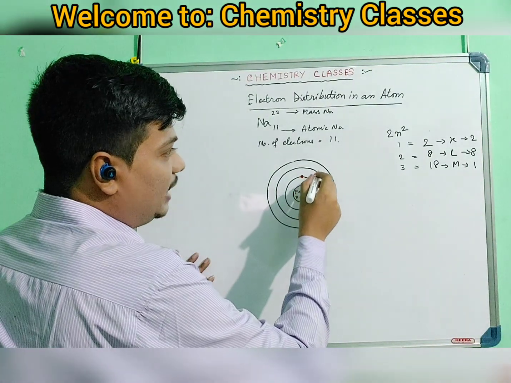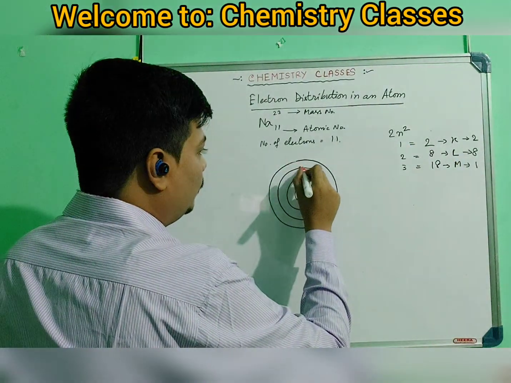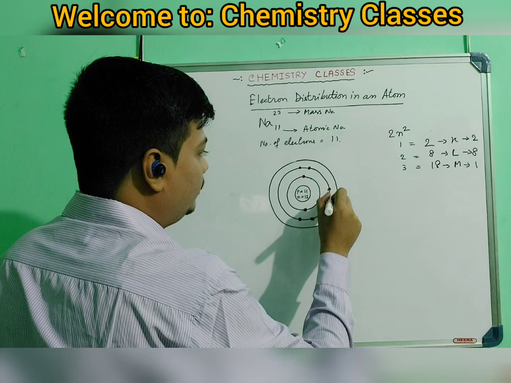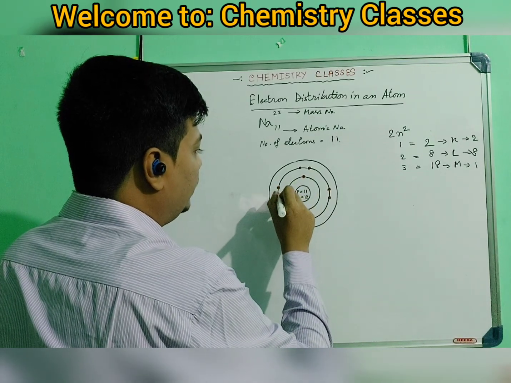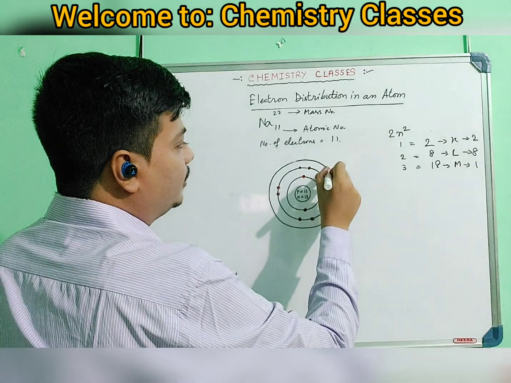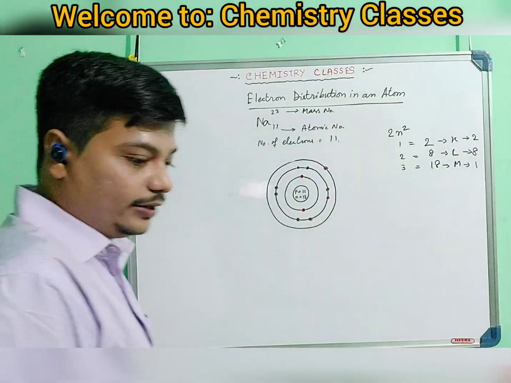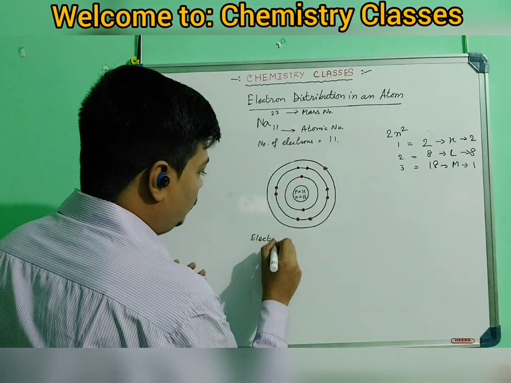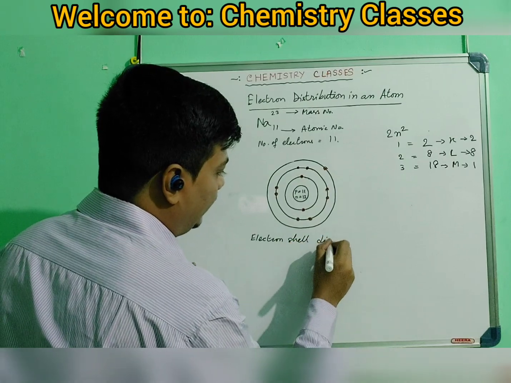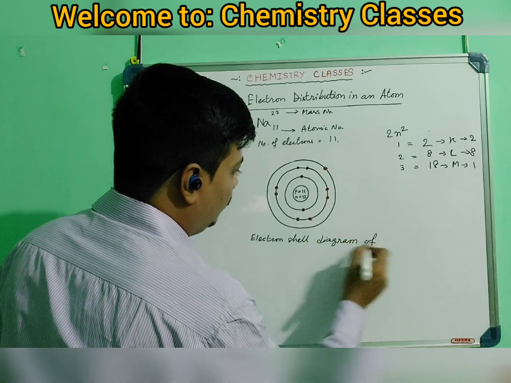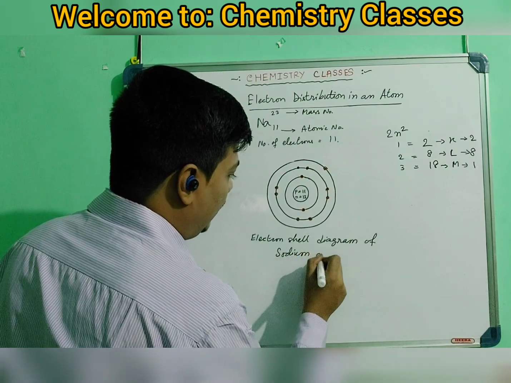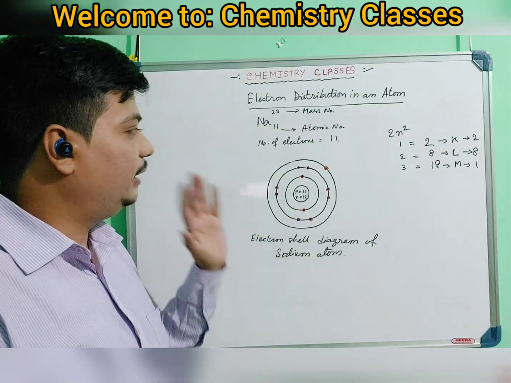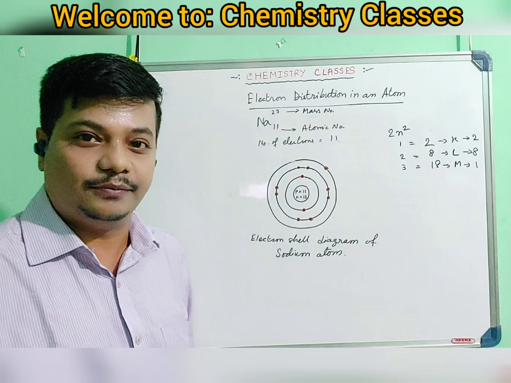Next, the L shell will have 8 electrons: 1, 2, 3, 4, 5, 6, 7, 8. And the last one will have 1 electron. So that is my electronic configuration and electron shell diagram of the sodium atom.